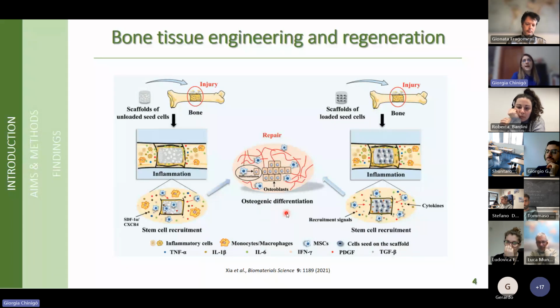Because the main goal, the main aim of bone tissue engineering is not only to design some implants that allow good clinical outcomes, but above all, long-term efficiency for long-term repair. And this is a big challenge.